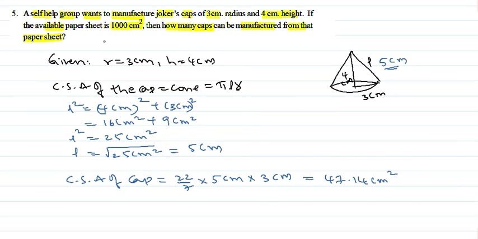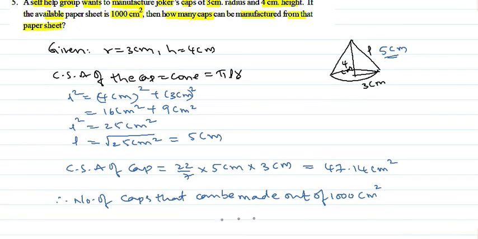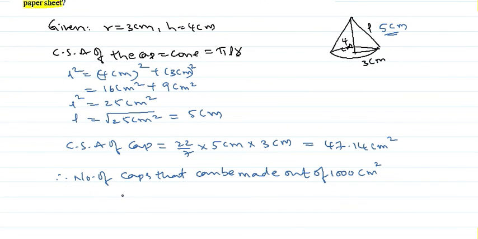So we need to divide 1000 cm square by 47.14 cm square to get the number of caps. Therefore the number of caps that can be made out of 1000 cm square, which is equal to 1000 by 47.14, we can cancel the units, then we are getting 21.27.